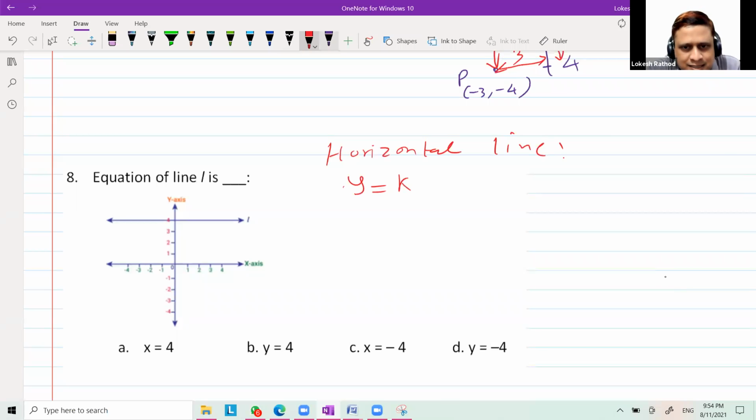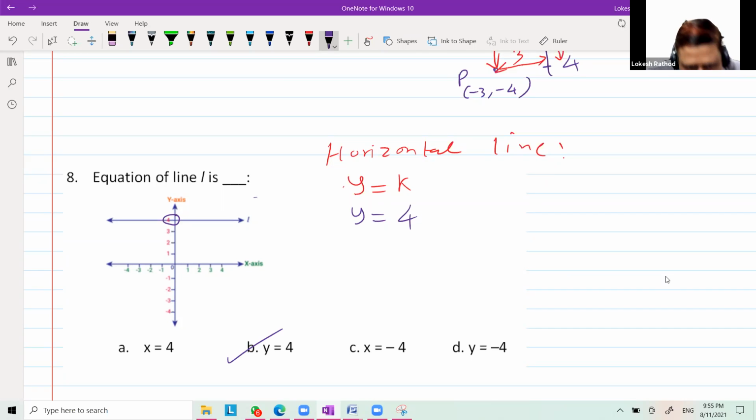Now, this line passes through this point (0, 4), right? So this line is nothing but y equal to 4. Since horizontal lines are of the form y equal to constant, and it is passing through the point (0, 4), the equation of this line is y equal to 4.